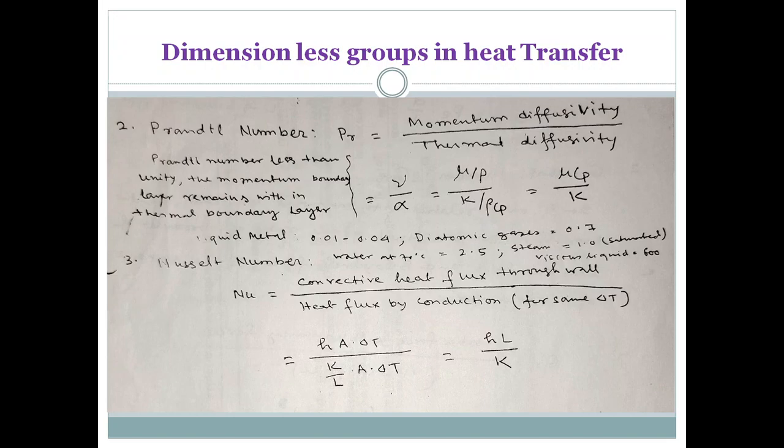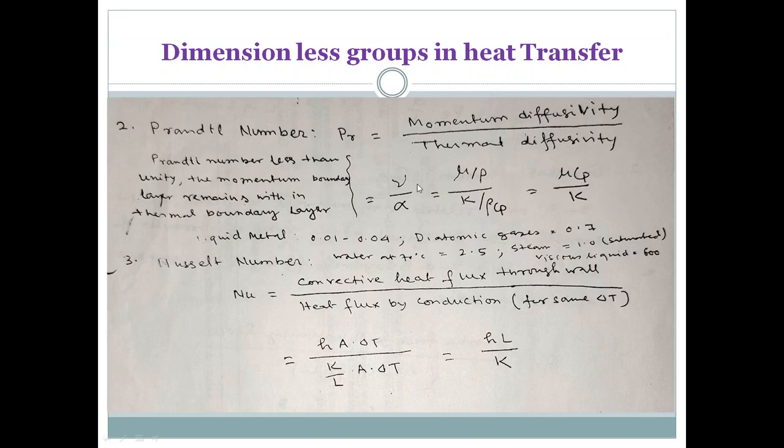Saturated steam has a Prandtl number of 1. Sometimes people will ask which has the Prandtl number 1; that is saturated steam. And viscous liquid generally is around 6. Now what is the beauty of this?